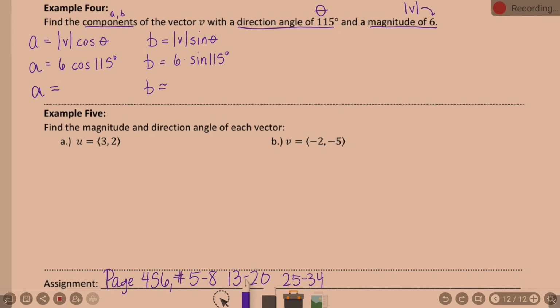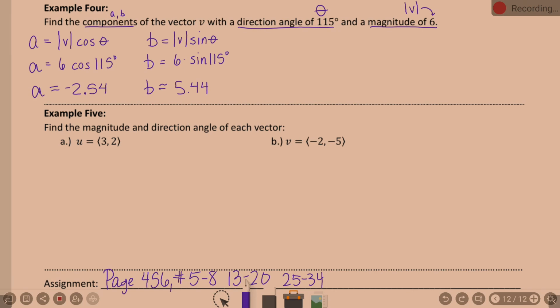I have 2 decimals on my paper. If you go back to a and just plug it into the calculator, of course making sure your calculator's in degrees, you have -2.54. b? 5.44. I have written down 5.44.